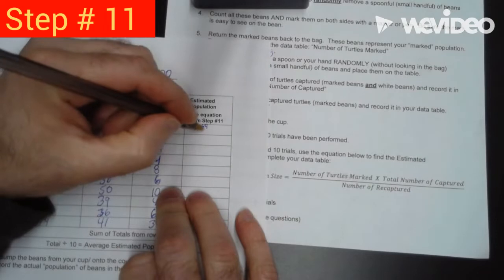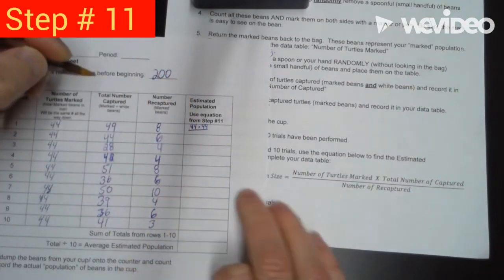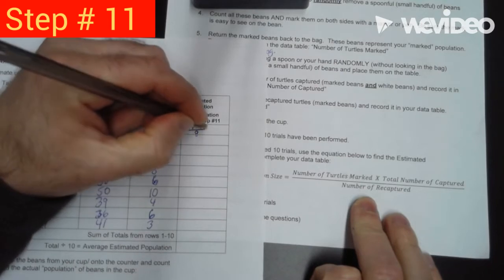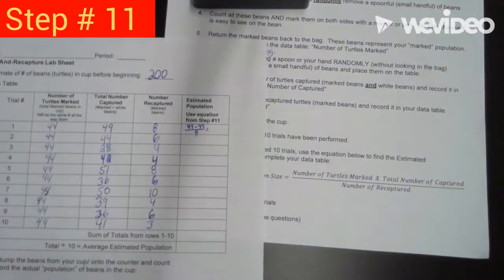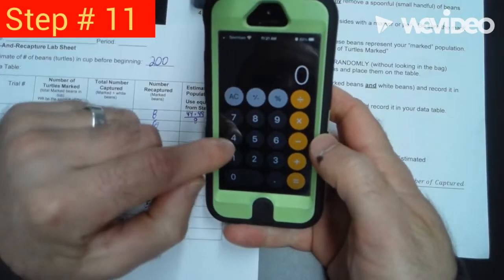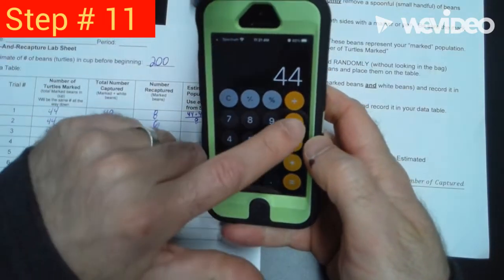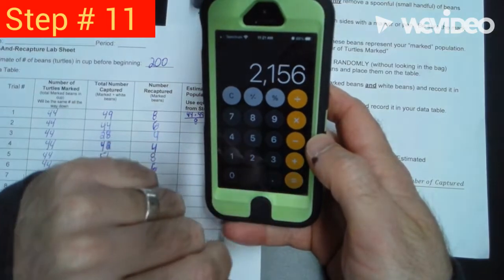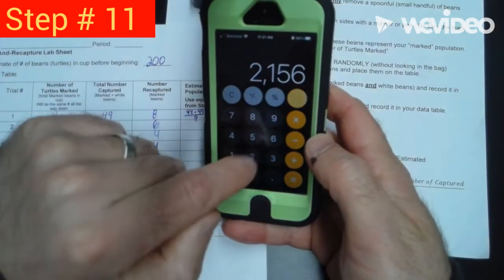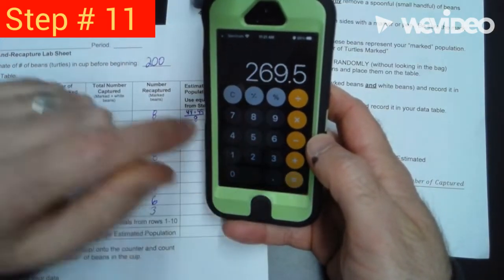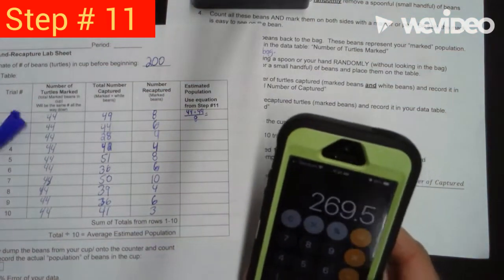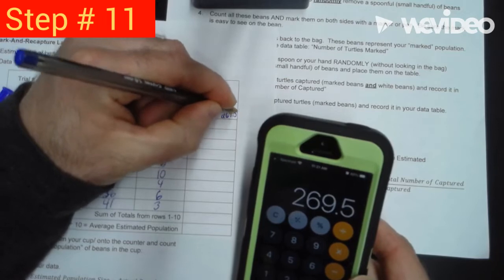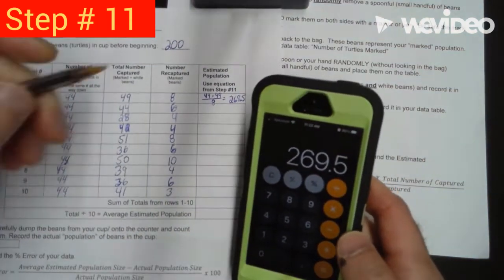And then that divided by the total number of recaptured, and that's 8. 44 times 49 divided by 8 equals 269.5.